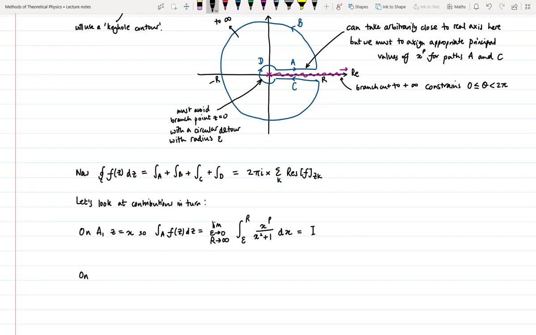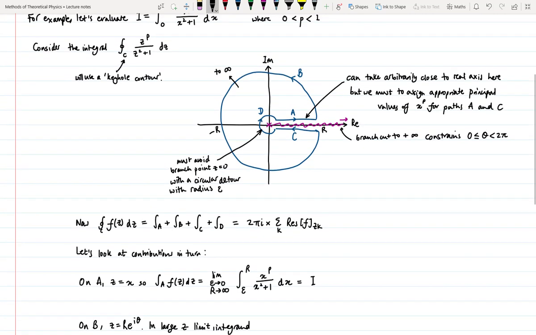Okay, what about the next contribution on B? Well, on B we have that z equals r e to the i theta. As we did in the previous topic, we're going to look at the behaviour of the integrand in the large z limit. So in the large z limit, the integrand, and that's at the top of the page now, is going to go as z to the p over z squared.